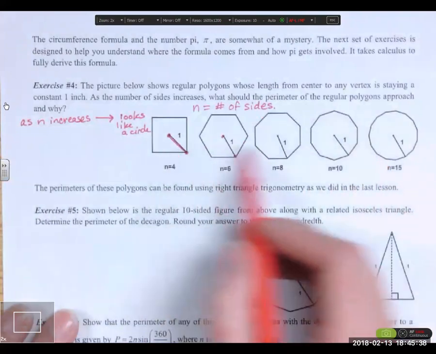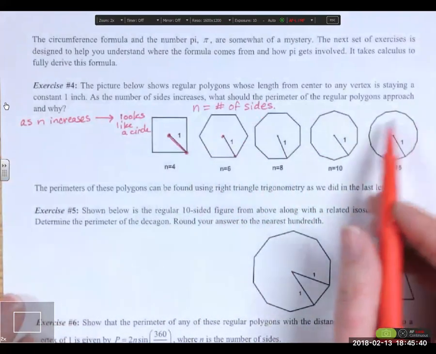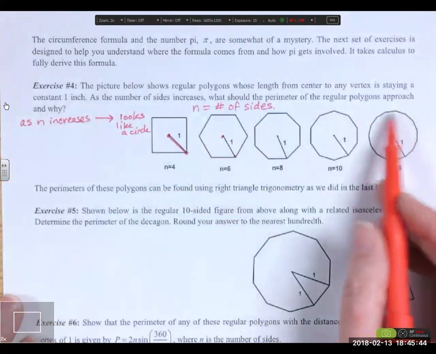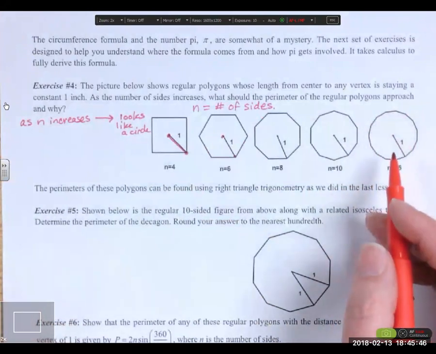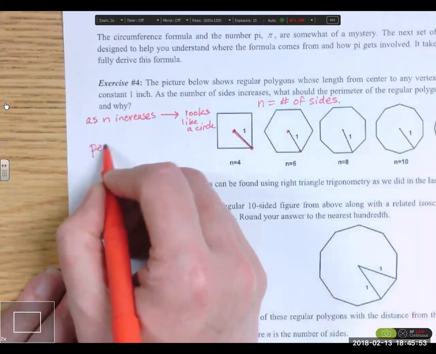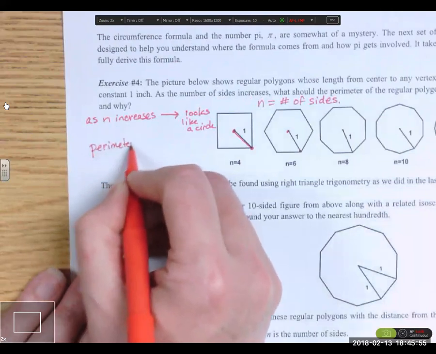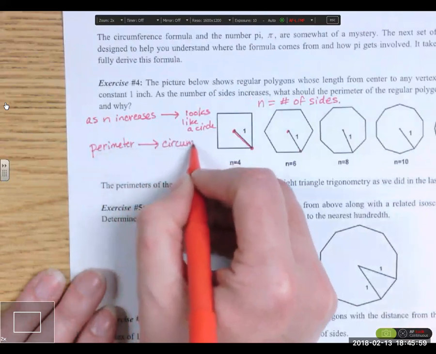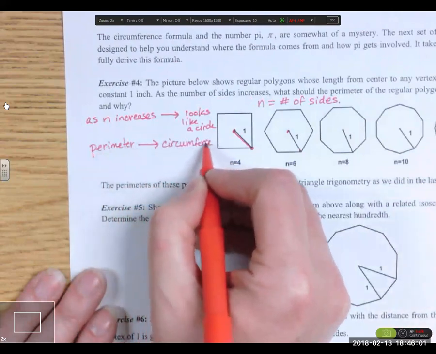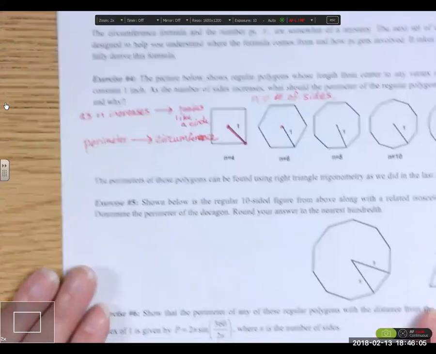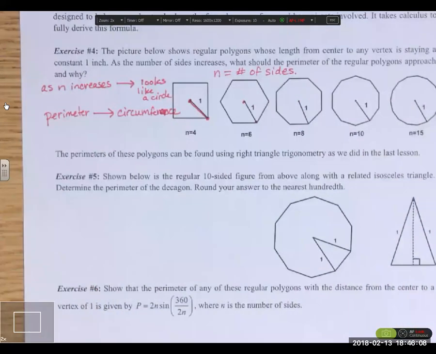If this looks more and more like a circle, then the perimeter should approach the distance around a circle, or the circumference. So as n increases, the perimeter becomes more and more like the circumference.